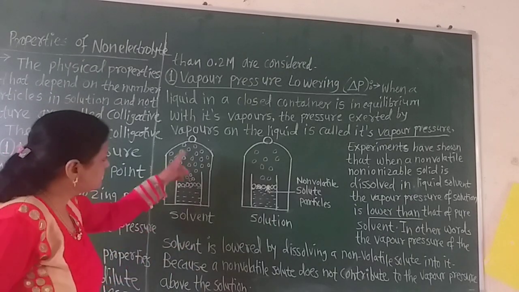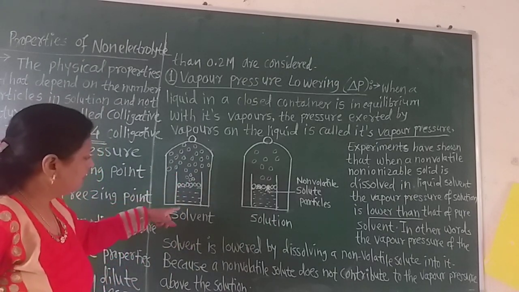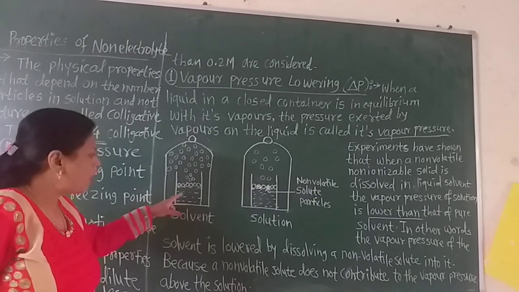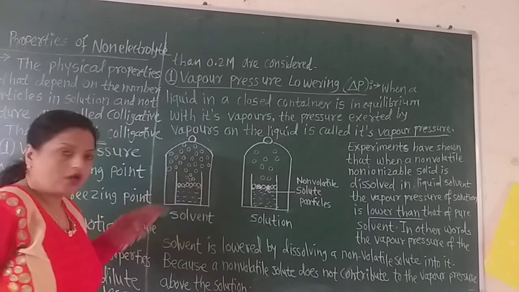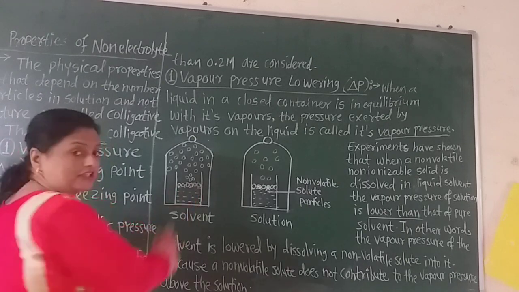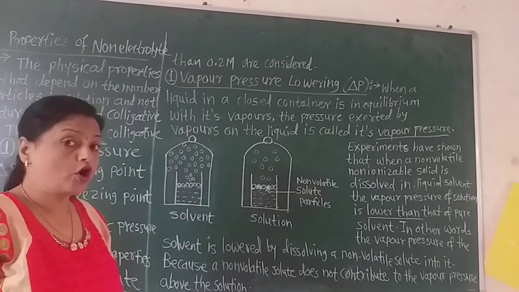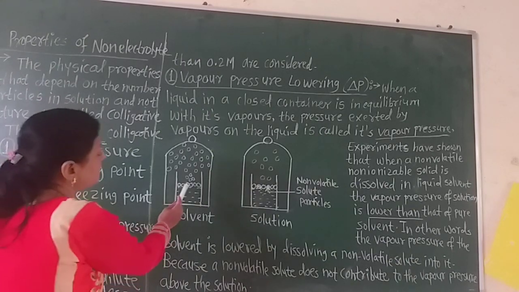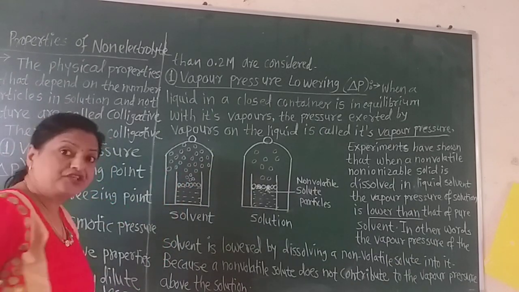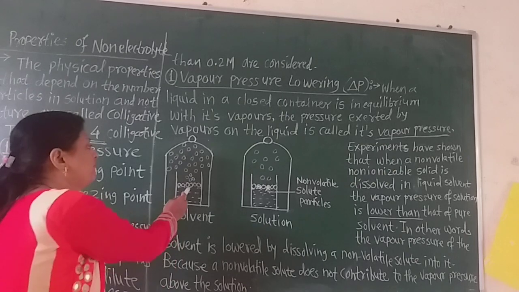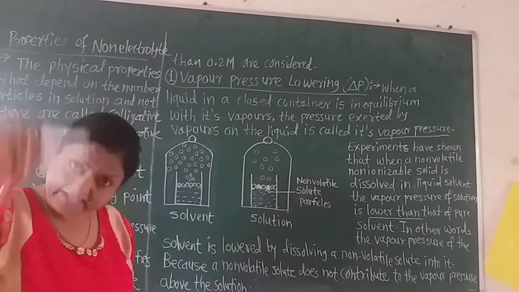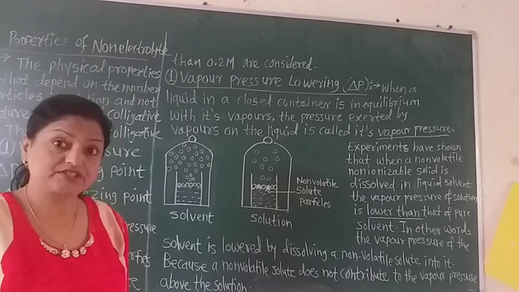Now this is the figure. Here some liquid or solvent is taken. On the surface of that solvent there are the particles which first go into the vapor state and return to the liquid state after some time.